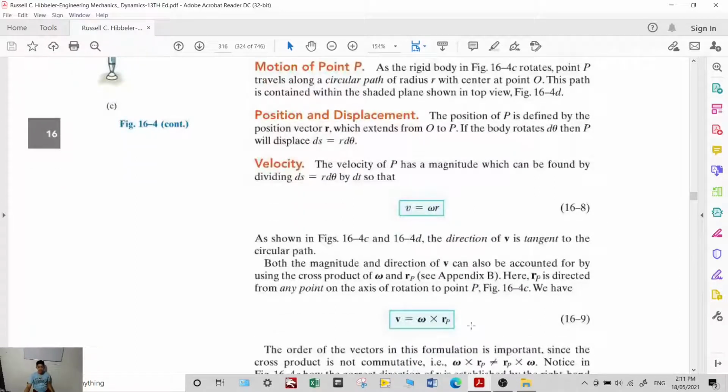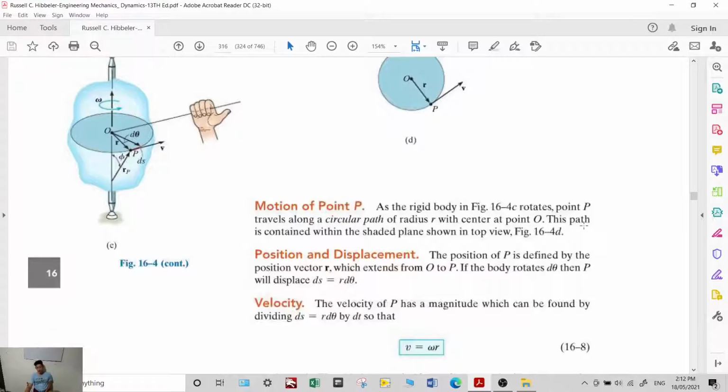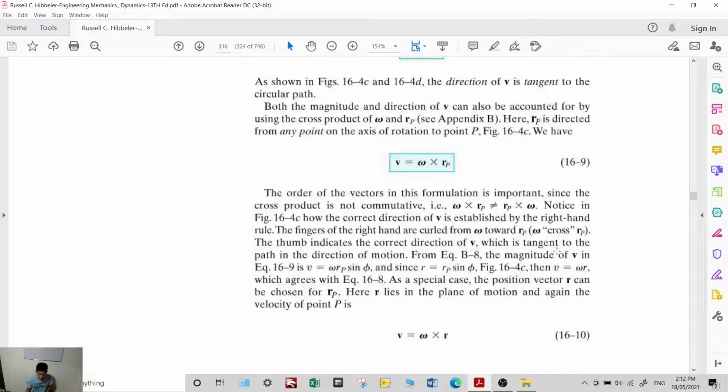Okay, if you want vectorial notation, you can also use v is equal to omega cross r sub p. So what is this r sub p, this line? Okay.